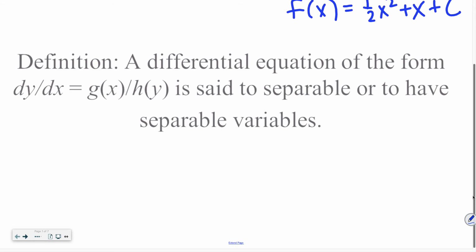X is on one side, y is on the other side, and integrate both sides from there. So what we're going to look at today are differential equations that have both variables. And the process that we're going to do is what we call separation of variables. It's exactly what it sounds like. We are going to separate our variables.